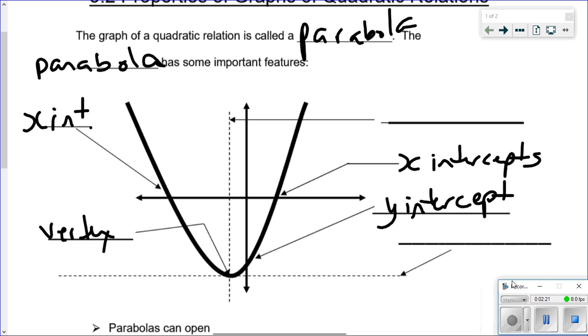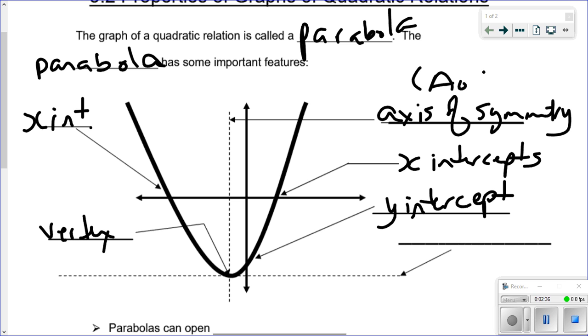Now the vertex is made up of 2 parts. There is the axis of symmetry, and you're frequently going to see me write this out as AOS, just because it's a lot to write.